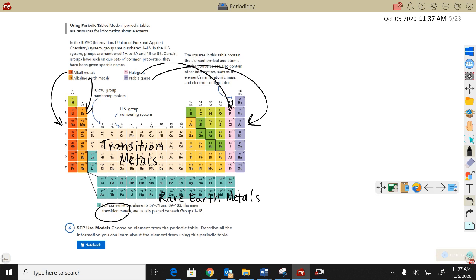And so maybe you pick an element and you describe whether it's a metal, non-metal, or metalloid. And then if you picked one of these special groups, the alkali metals, alkaline earth, halogens, or noble gases, maybe that gives you a little more to go on for number 6. Eventually we'll look at some elements and look at some of their more unique properties.